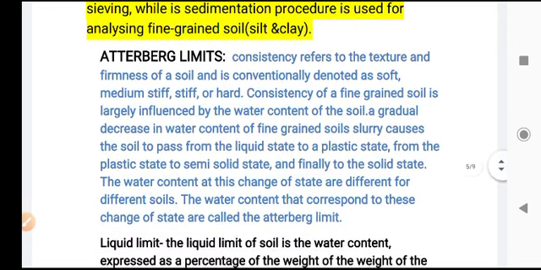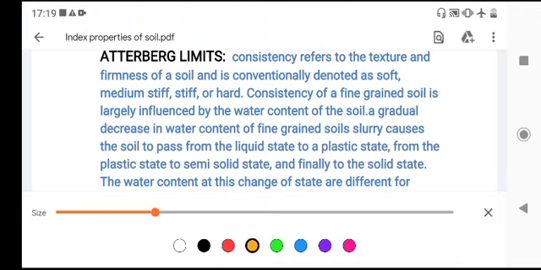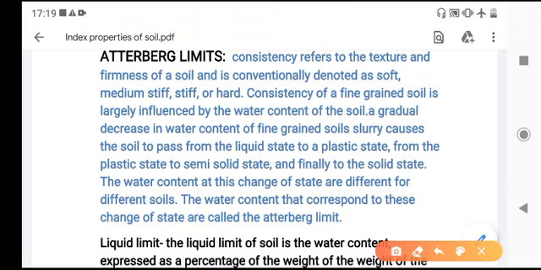Now, Atterberg limits. Consistency refers to the degree of firmness, and is conventionally denoted as soft, medium soft, stiff or hard. Consistency of a fine-grained soil is largely influenced by the water content of the soil.